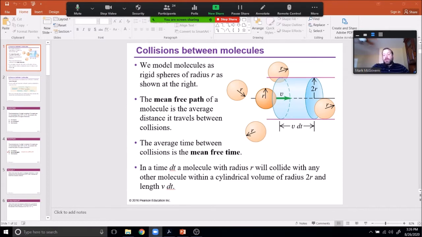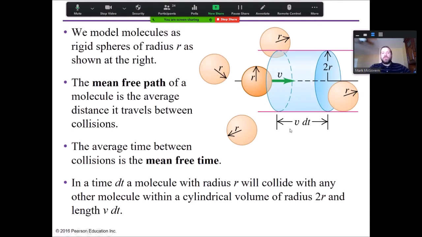Let's work that out. So what I'm going to do is make some assumptions here. Not terrible assumptions. We've got a system of molecules, and it may be a little crude, but we're going to assume those molecules are spheres, which is not a terrible approximation.